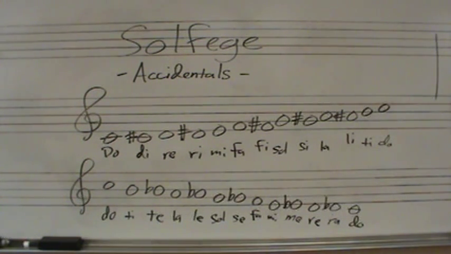Let's go ahead and sing along this time. I'm going to slow down the tempo probably by about half. Let's give it a try from do now. Do, di, re, ri, mi, fa, fi, sol, si, la, li, ti, do.